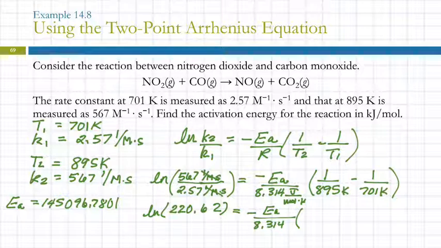1 divided by 895 minus 1 divided by 701. Now, don't try to do an algebra thing and get common denominators and subtract them out and give me a fraction with whole numbers. Just use your calculator, okay? That's not going to be pretty. So that's giving me minus 0.000309215. See, that's a negative number, and that negative is going to cancel with this negative.